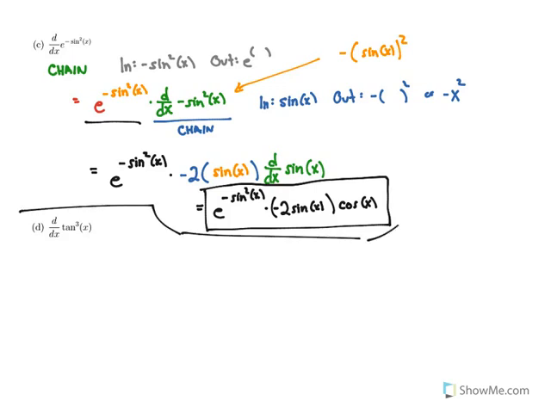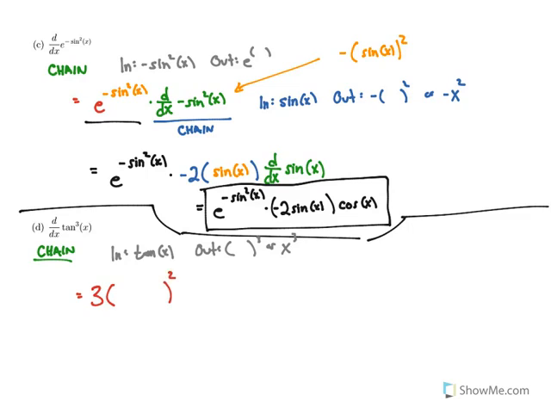All right, again, tangent cubed, we could do with chain rule. We could do it with a product rule with tangent and tangent squared or something like that. But I think the easiest way to go about it is chain rule. So chain rule here, our inside function is tangent, and it is inside of something cubed, or x cubed. So the derivative of x cubed is 3 something squared.